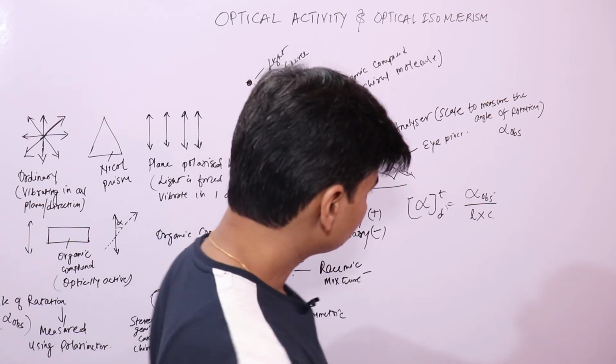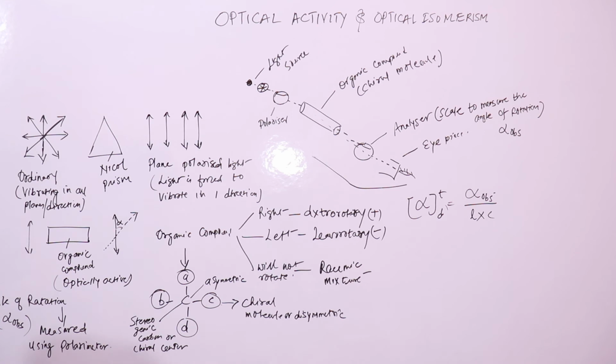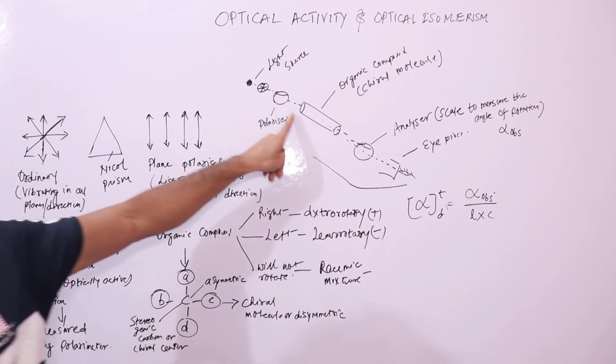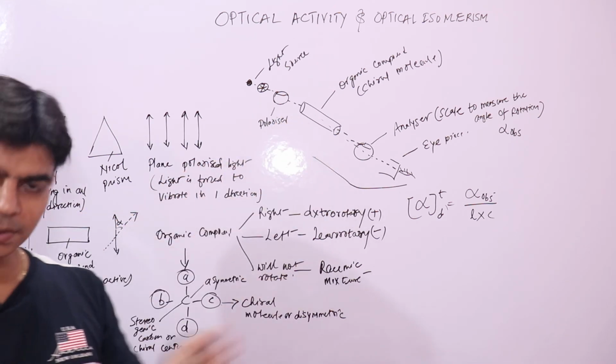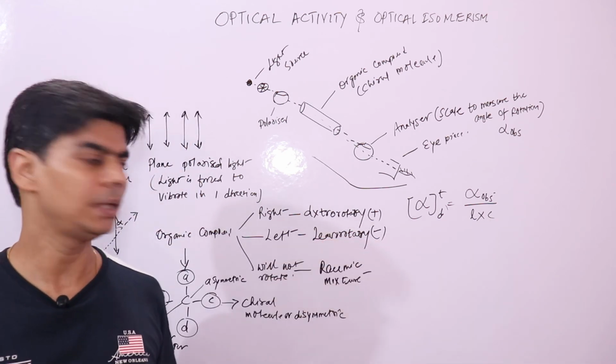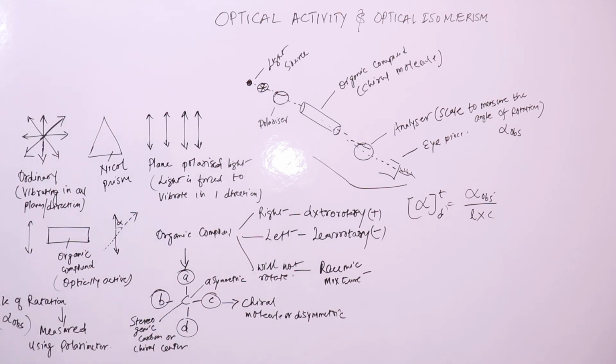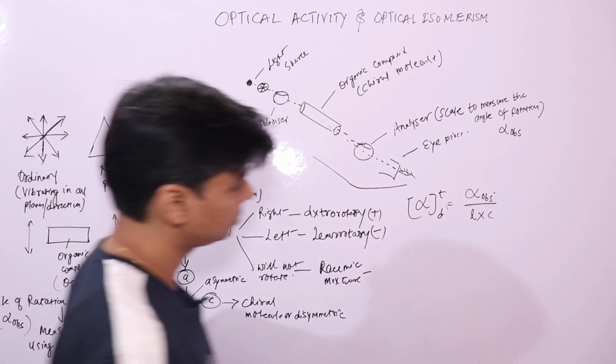Now, this formula shows that the angle of rotation depends on the length of this tube that contains the substance, and the concentration. By concentration we mean the number of molecules present in the sample substance. Now we will define one thing.